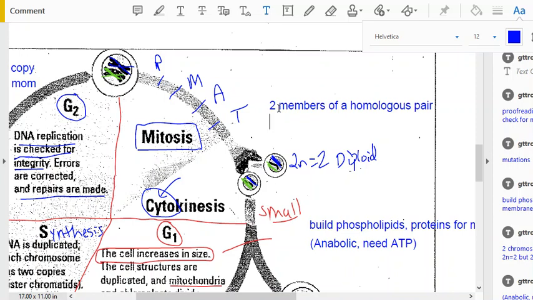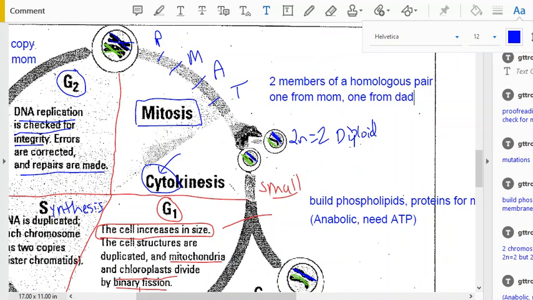I think green was from mom, one from mom, one from dad. And remember, in humans, you have a lot more. You have 2n equals 46 chromosomes. But in this particular one that we used in this diagram, there's only 2n equals 2.